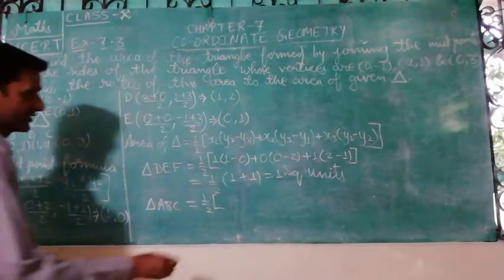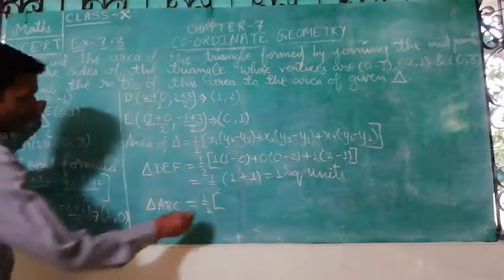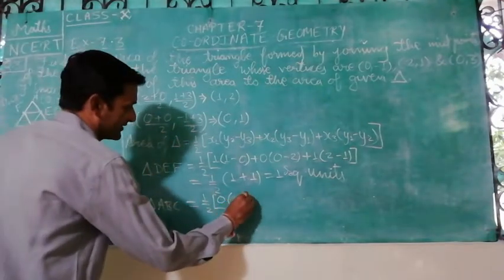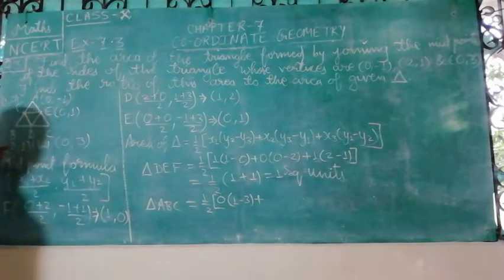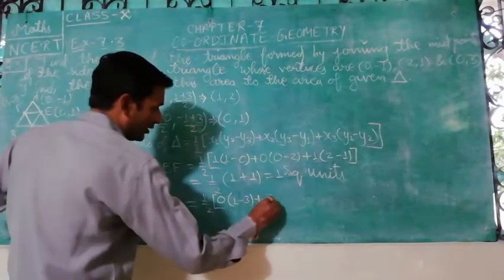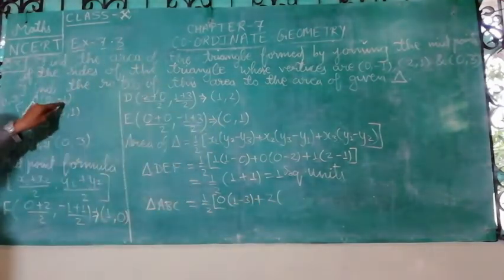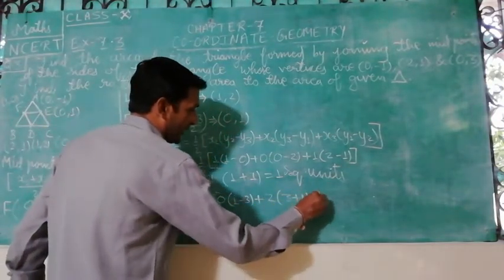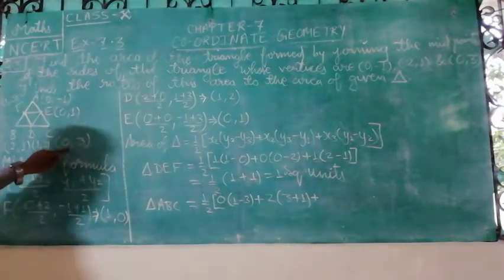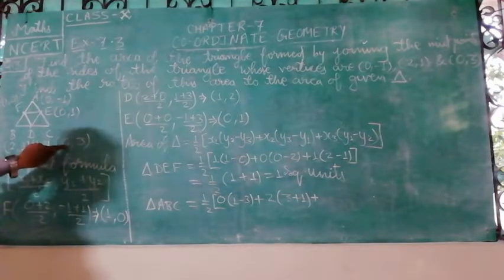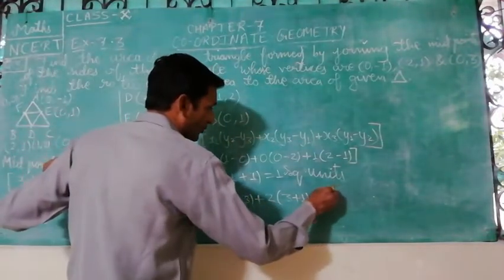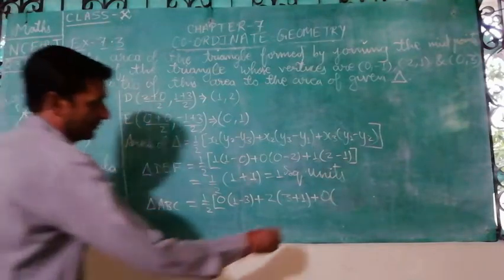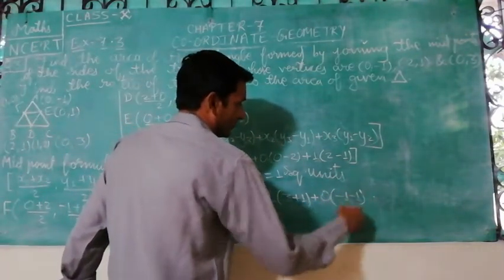So let us put the values here. 0 into (y2 - y3), means 1 minus 3, plus x2, which is 2, into (y3 - y1), that is 3 plus 1, and plus x3, which is 0, into (y1 - y2), minus 1 minus 1.